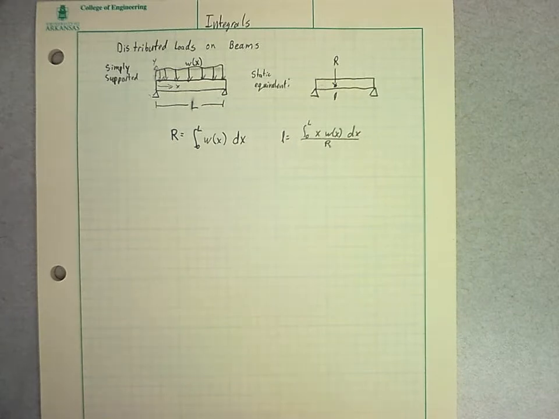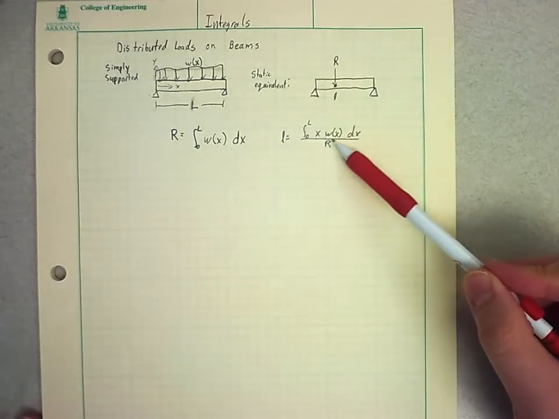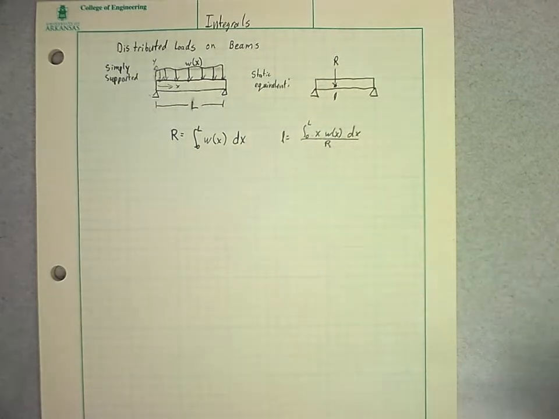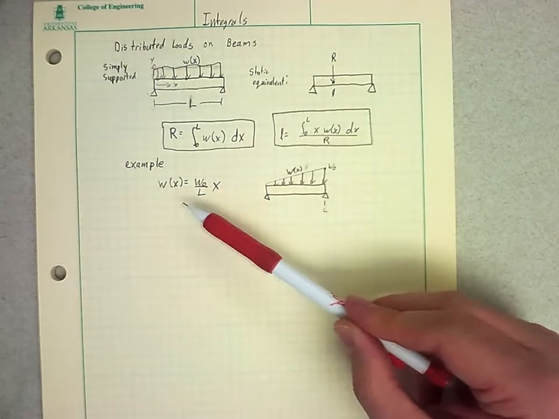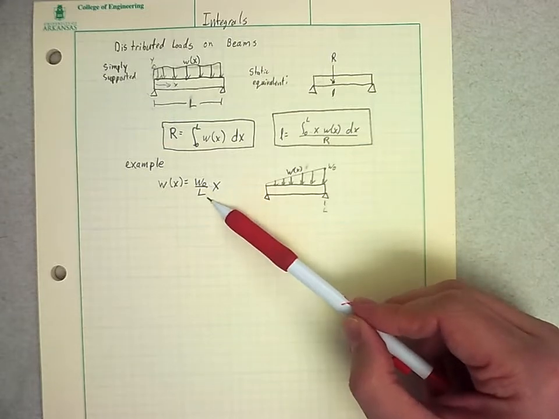Makes sense? And then to figure out where that is, we're going to take our distance times that force, integrate that, and then divide it by that total force to get the average x value. We've seen that sort of thing before. So now we'll see an example. In this example problem, they've given us that the weight function, W of x, is W0 over L times x.